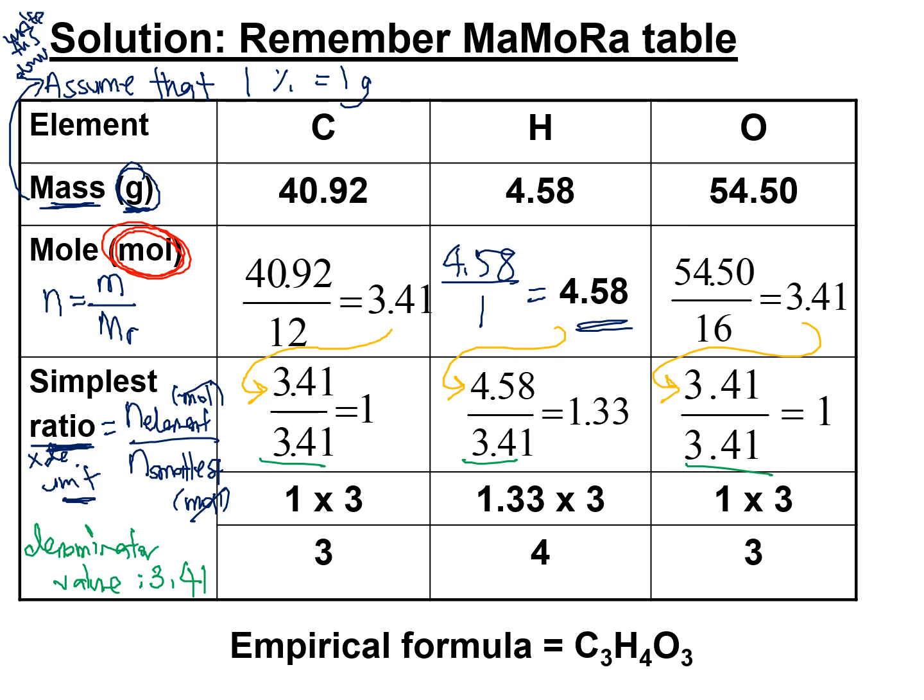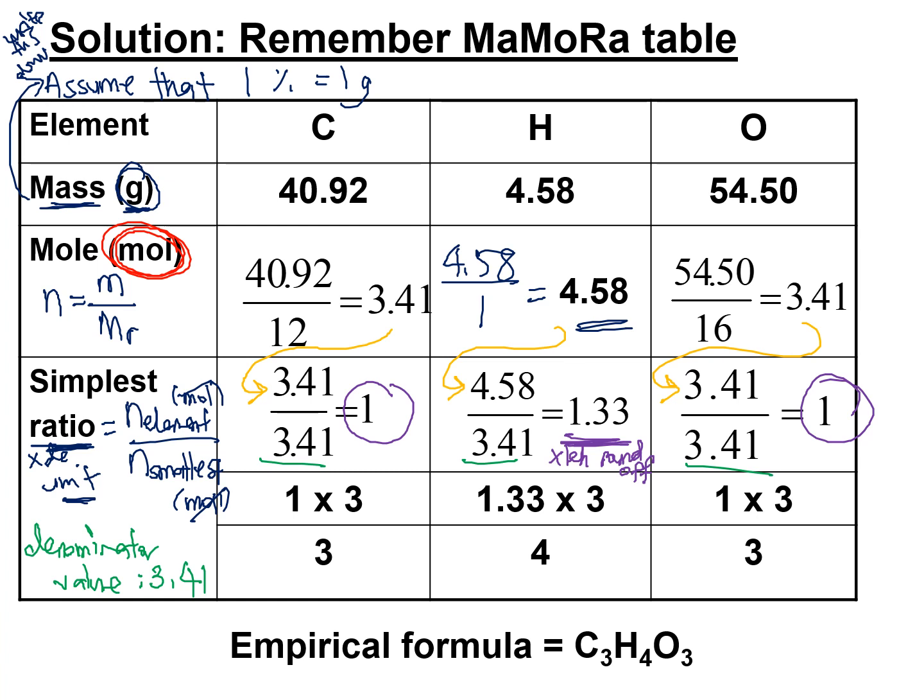Okay. Kat sini lepas kita buat ratio, we can conclude that carbon dapat whole number. Hydrogen 1.33. This is not whole number. Oxygen dapat whole number. So apa yang kita perlu buat? Kita tak boleh round off. Tak boleh bundarkan. Okay. Jadi apa yang kamu kena buat?